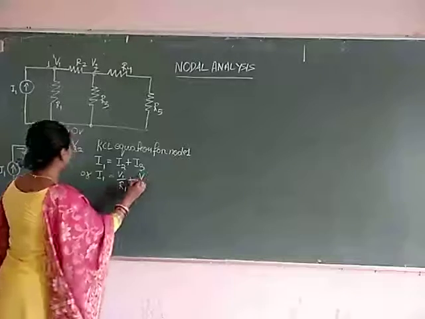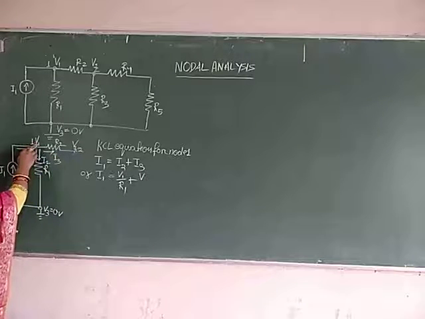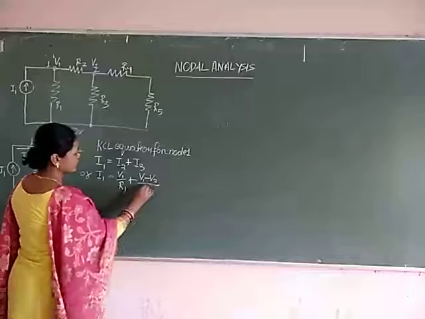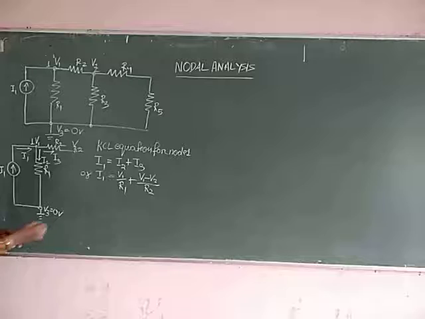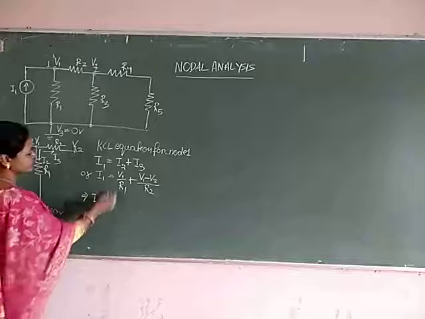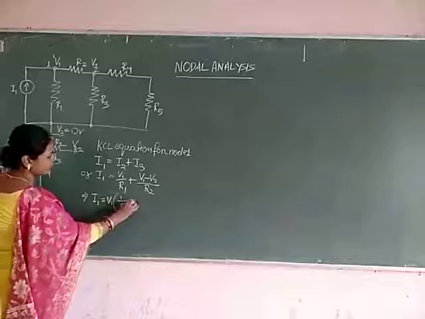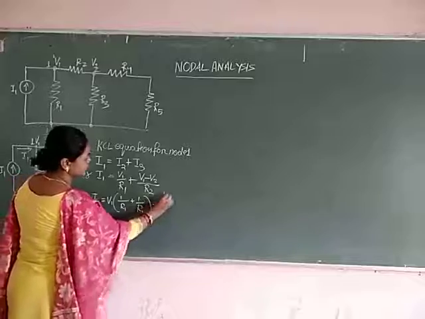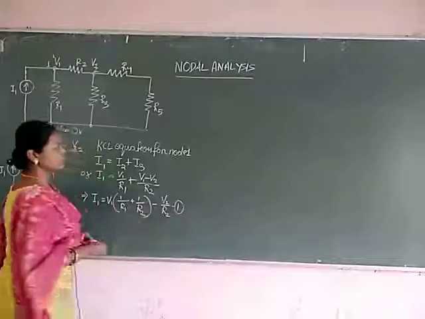So the potential difference across R2 branch is V1 minus V2, divided by R2. If you rearrange this equation, you get I1 is equal to, if you take V1 common, (1 by R1 plus 1 by R2) V1 minus V2 by R2. Take it as equation number 1.